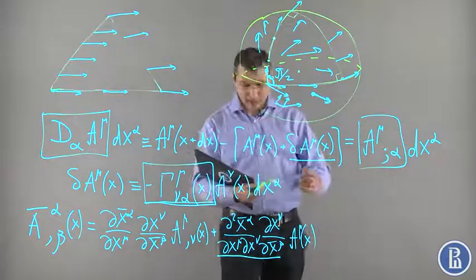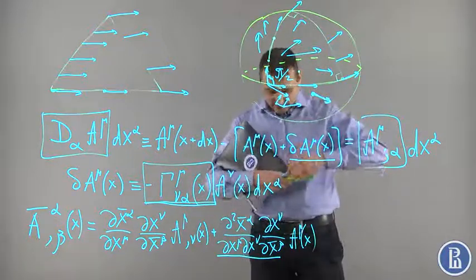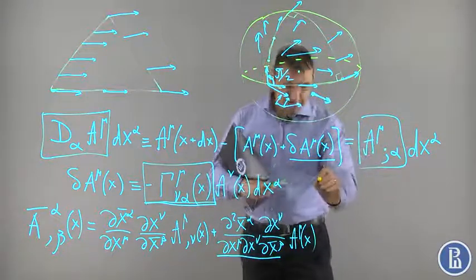And let me write it right now for you. The transformation rule for gamma is going to be as follows.